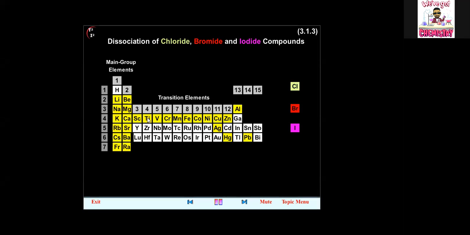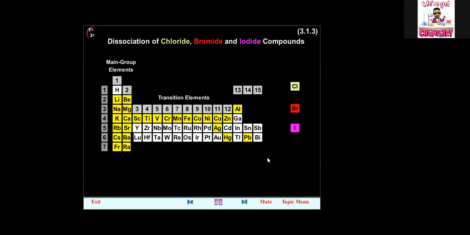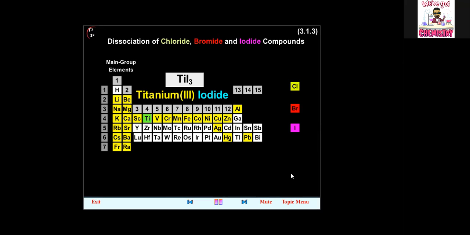Well, let's take one of the transition metals. Let's take titanium, Ti+3, titanium 3 ion. Let me add iodide, I-1, iodide ion. Titanium(III) iodide. TiI3 is soluble in water.